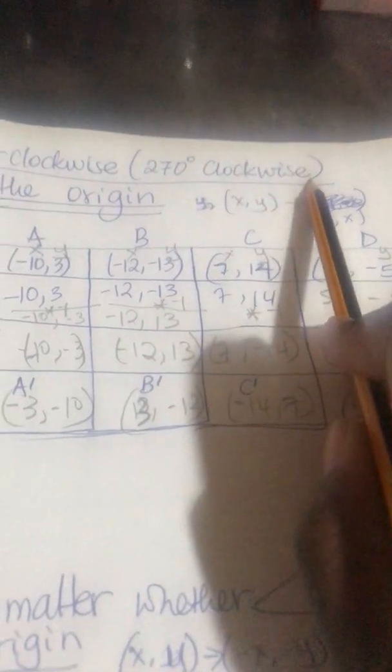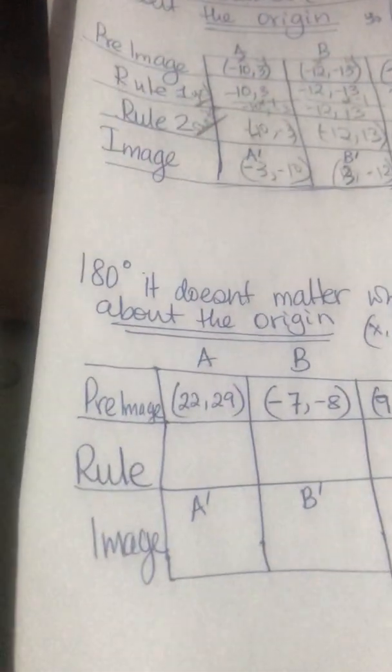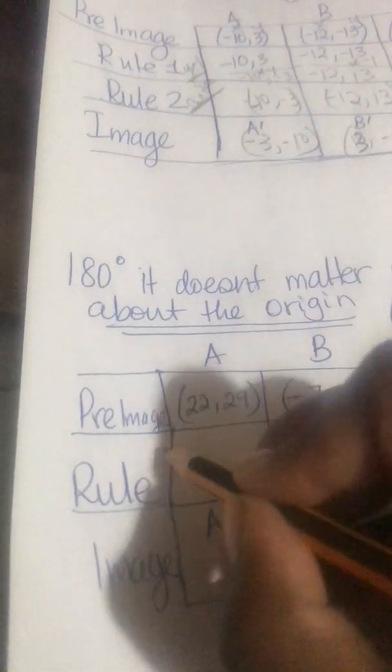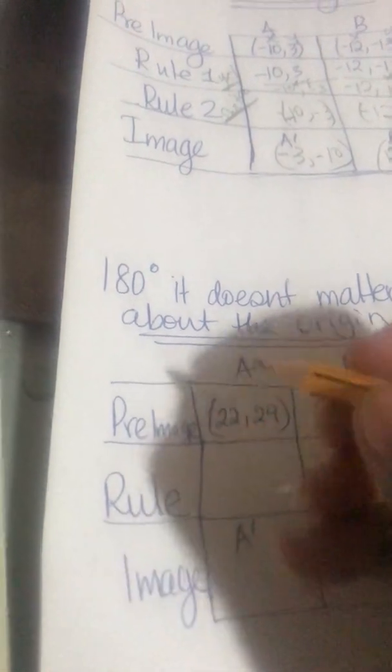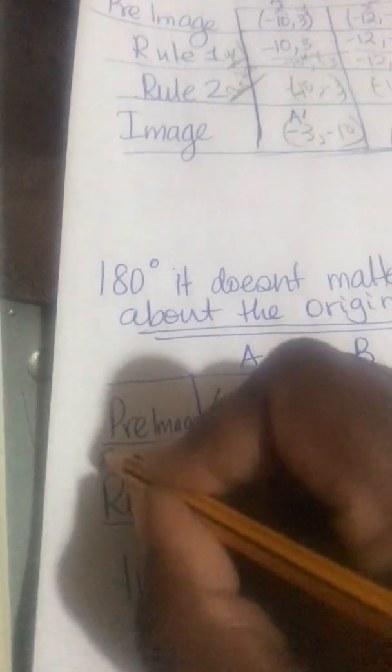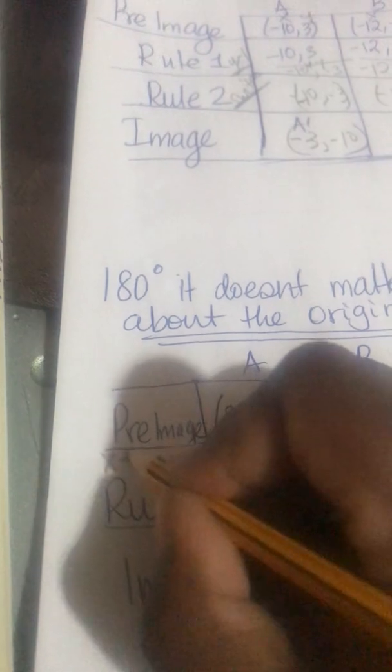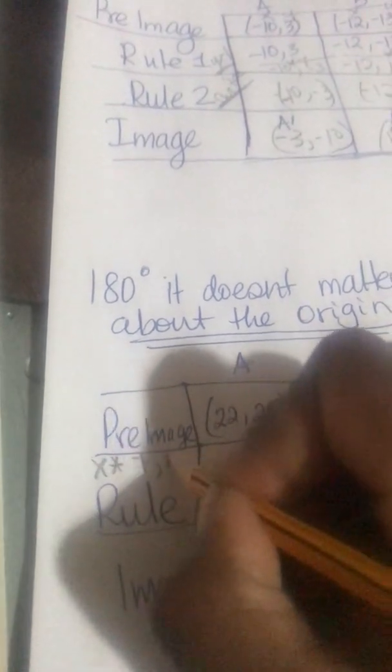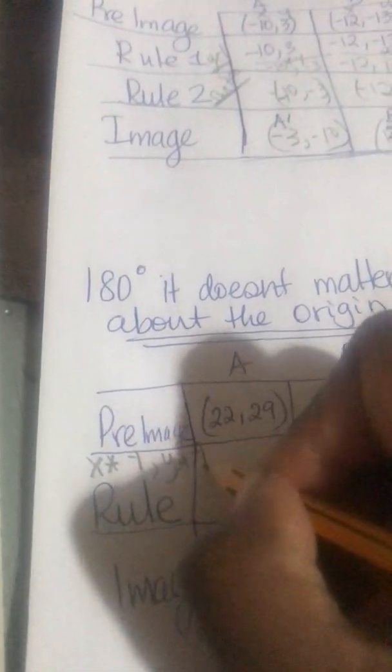Okay? So remember, multiply y with -1, and then you switch. For 90 counterclockwise, which is the same as 270 clockwise. All right. 180, I told you it doesn't matter. So just multiply x and y with -1. X multiply with -1. Y multiply with -1.